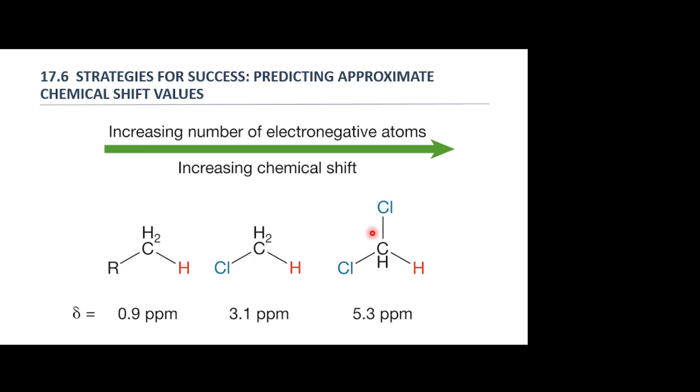Nobody's surprised by that, are you? We're just reinforcing the same inductive effect. The carbon is having more electron density pulled away from it. It becomes more positive, and so pulls more electron density from the hydrogen, doesn't it? That's just the same sort of relationship we started with.